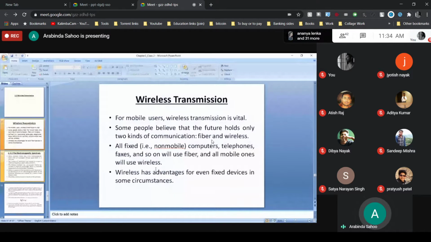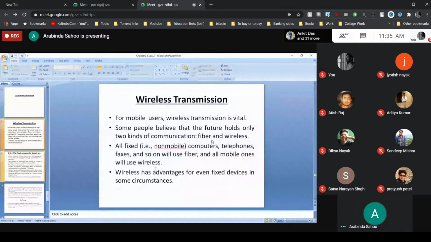So all fixed, that is non-mobile, computers, telephones, faxes and so on will use fiber, and all mobile ones will use wireless.